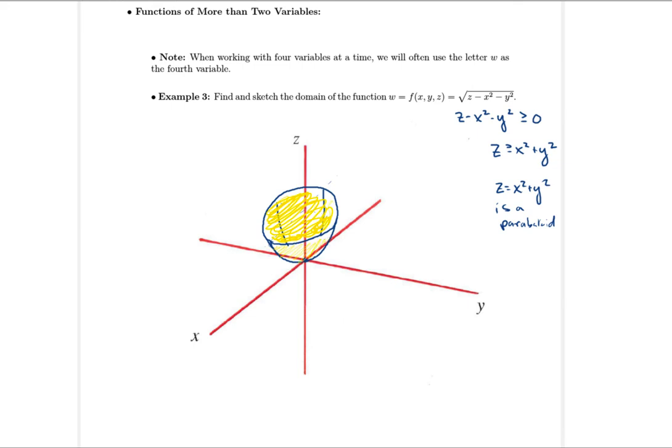So everything inside of the paraboloid, because the surface itself is the x squared plus y squared, and then we want all z values that are above that. So everything that's within the paraboloid should be included in the domain.